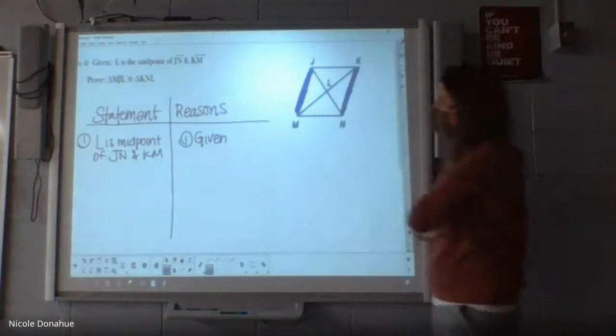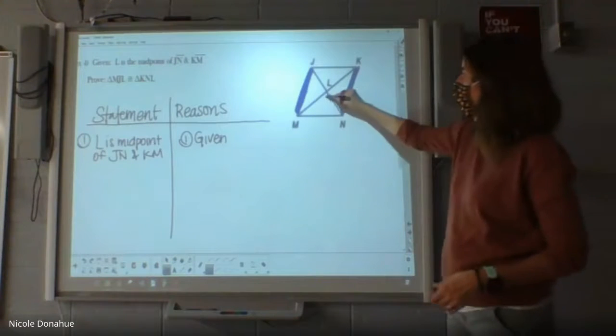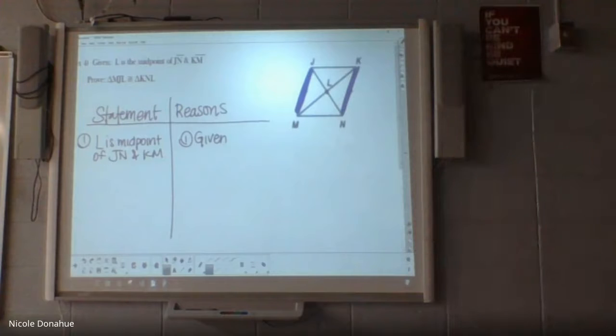So they tell us L is the midpoint of JN and KM. So I know this is the midpoint. What does that tell me about our line? It's really similar to angle bisector. What happens to that line? Yeah, it cuts it into equal pieces.